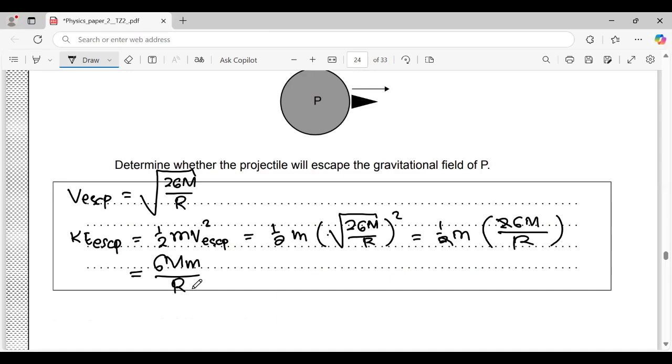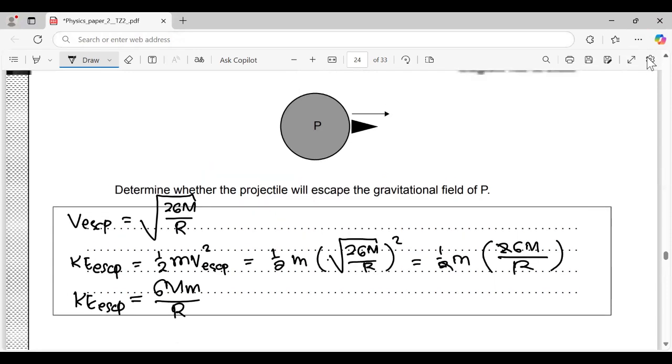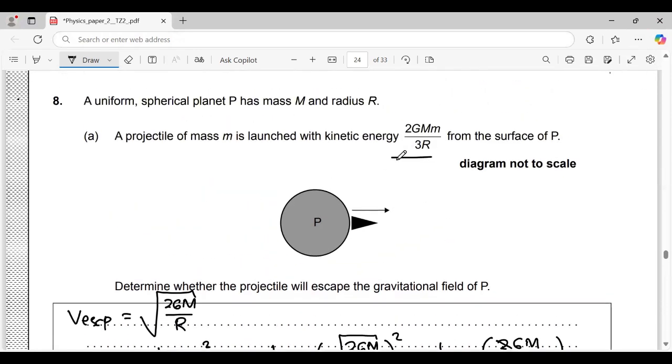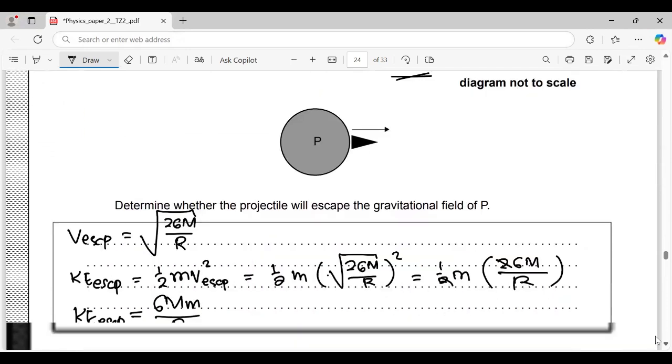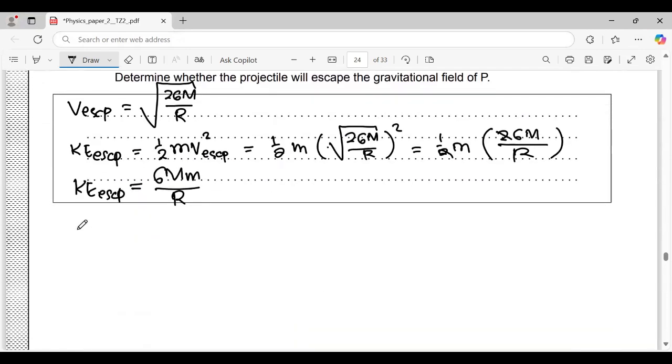Now we can compare this kinetic energy escape with the kinetic energy when the projectile is launched. The kinetic energy when the projectile is launched is 2 times GMm over 3r.